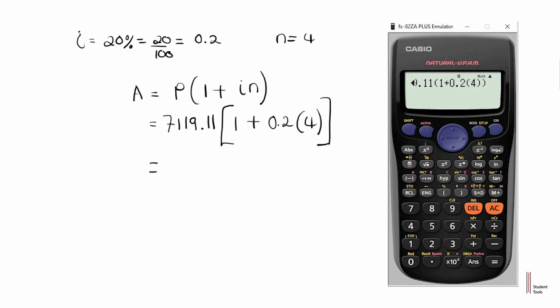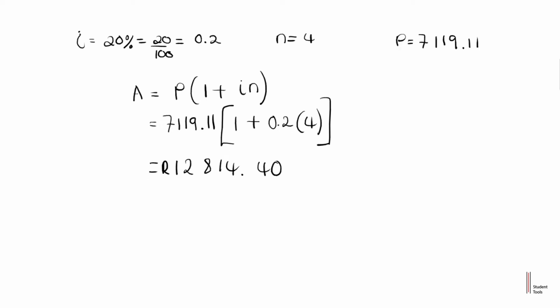So what is that equal to? That is equal to 12,814 and how many cents? 40 cents. To 2 decimal places, that will be 40 cents. So Tyler will have to pay a total amount of 12,814 and 40 cents. And that is just how we calculate that total amount. Okay, now we are done with 1.1.2. Let us proceed to 1.1.3.